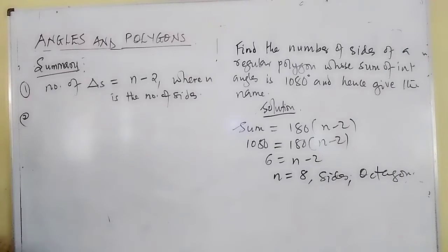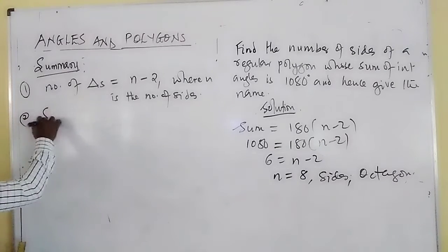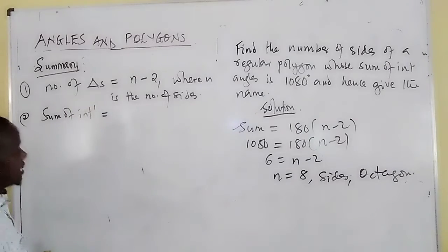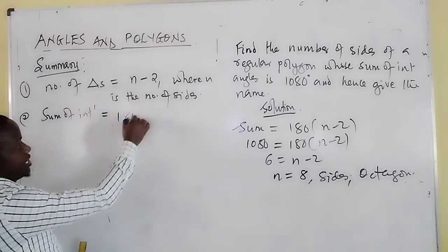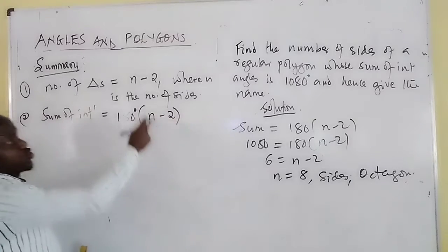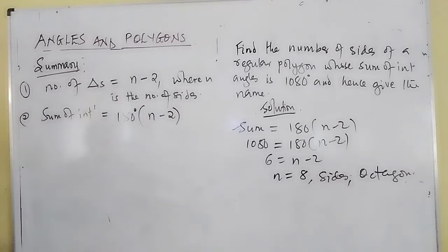Number 2, the sum of interior angles is given by 180 multiplied by n minus 2, or else 180 multiplied by the number of triangles making up the polygon.